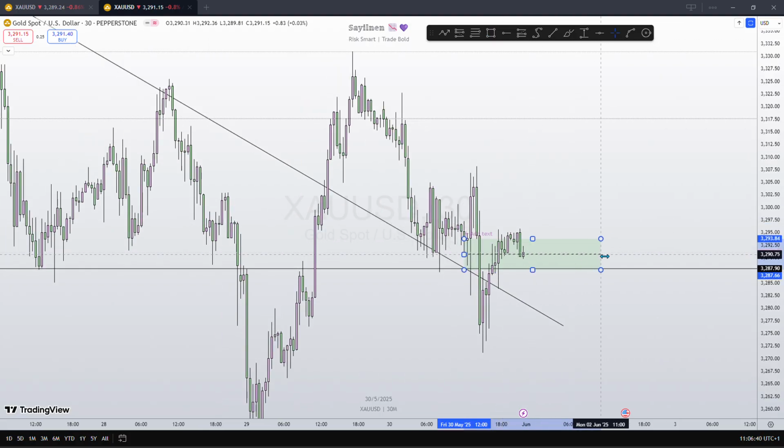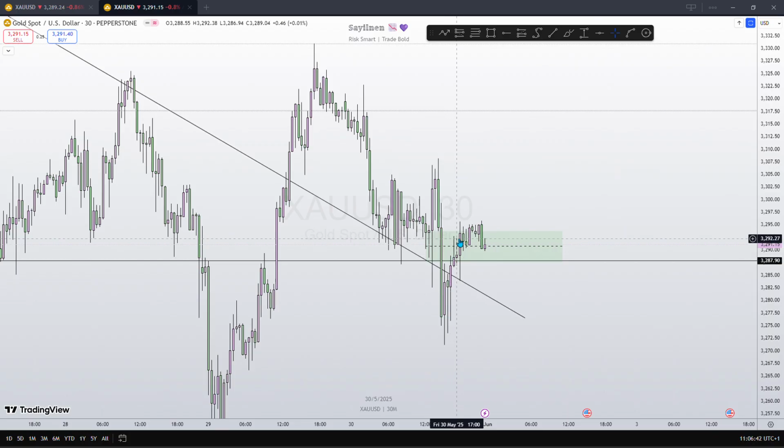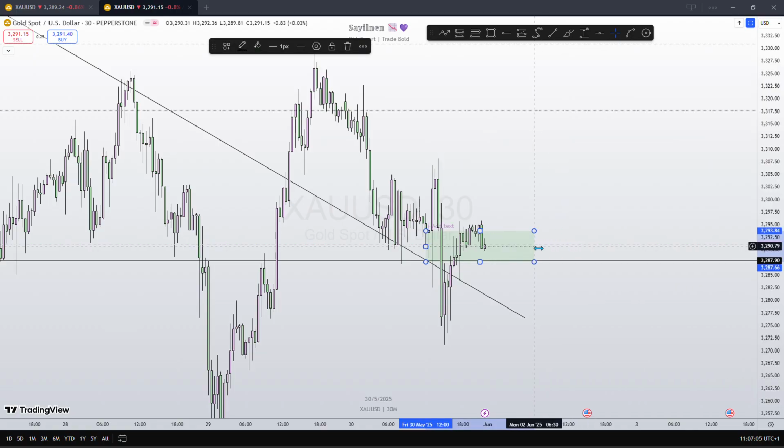Price kept on rejecting when it started to tap in with this first candle that went in. We could see some form of rejection. This second one too rejecting, but then this one rejected, closed above the open that it had and went as high as that, and we could see price now falling back towards the midpoint. This is one of the buy scenarios I actually use with FVGs.